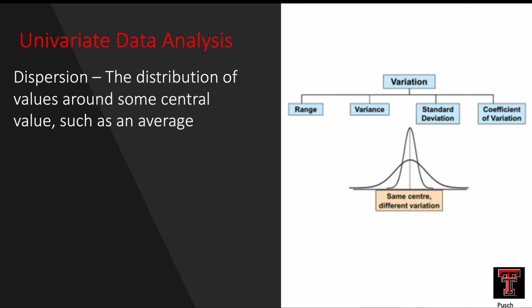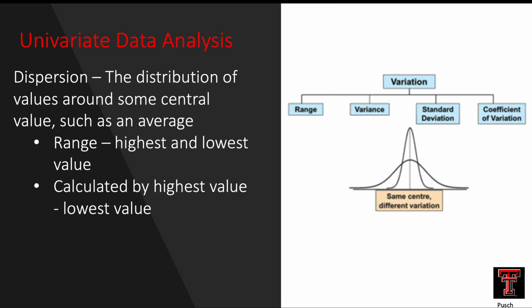Okay, another thing that you want to look at when you're doing univariate data analysis is the dispersion. This is the distribution of values around some central value, such as the average. So are they really closely clustered together around that average, or are they more spread out? One thing that you're going to want to take note of when you're doing your quantitative data analysis for your project is the range. So what's your highest and lowest value?